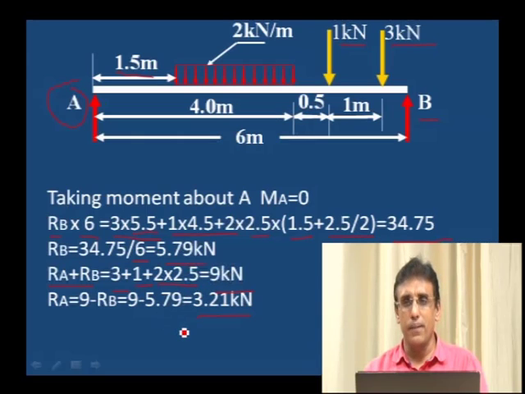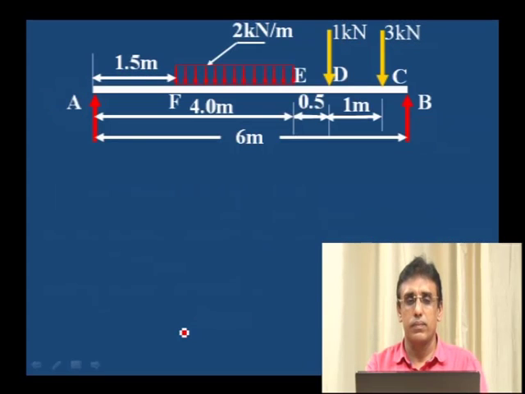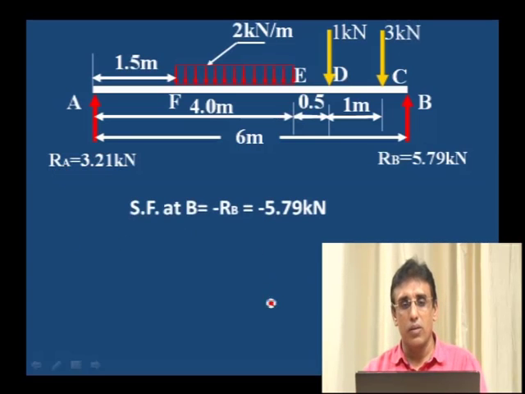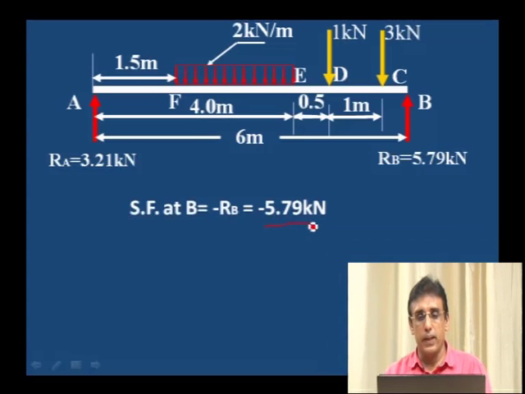Let us calculate the shear force. Shear force at B is minus 5.79, that is the RB value.